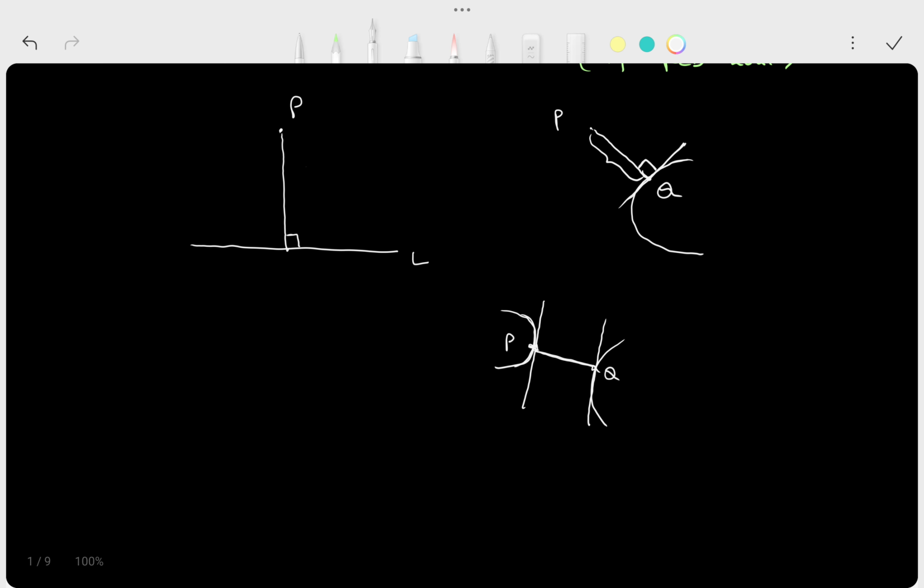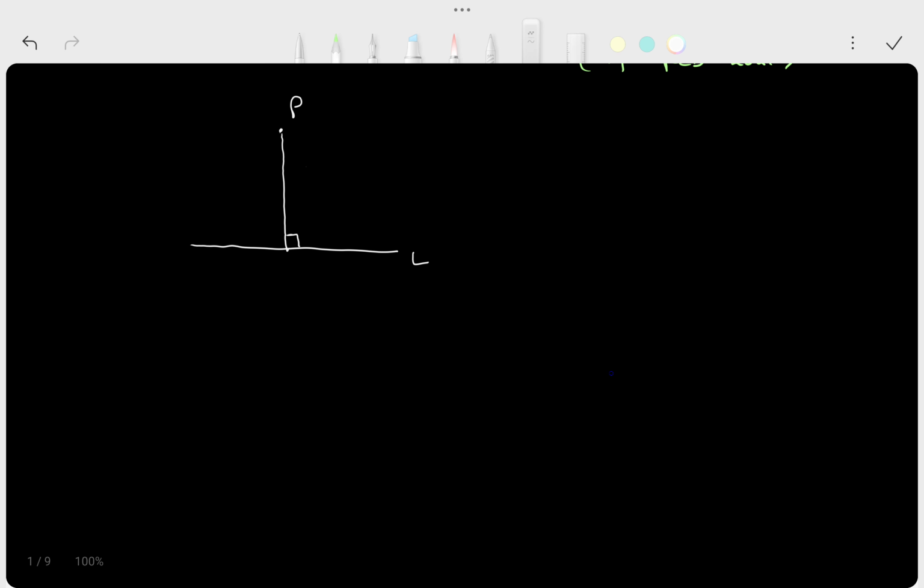The length of the common normal is nothing but the shortest distance. By using this concept, you can find the required values, either the shortest distance from a given point to the given curve, or the point on the curve which is at the shortest distance from the given point.